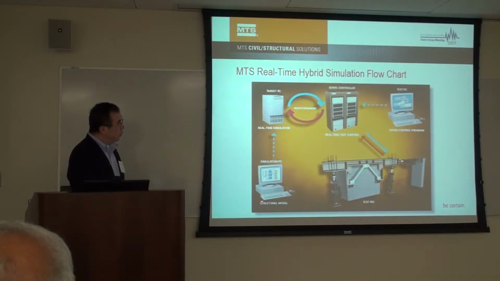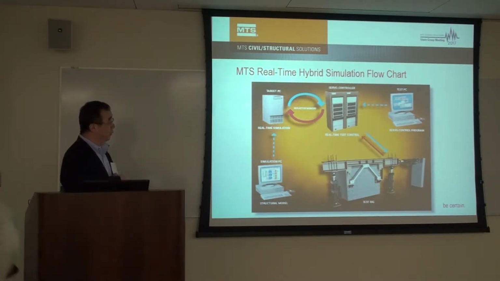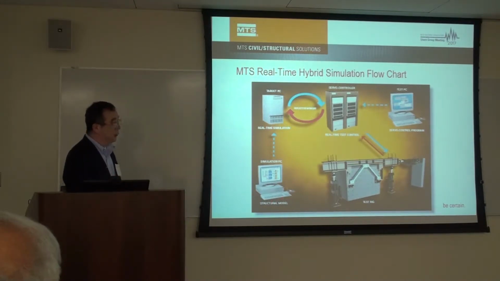In each time click, the analysis model has to be solved in time. Otherwise, it will not be a real-time hybrid simulation. For that reason, the model cannot be very complicated. One time click could be 1 millisecond, so within 1 millisecond the analysis model has to be solved.